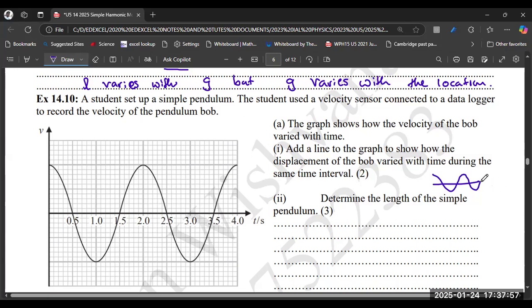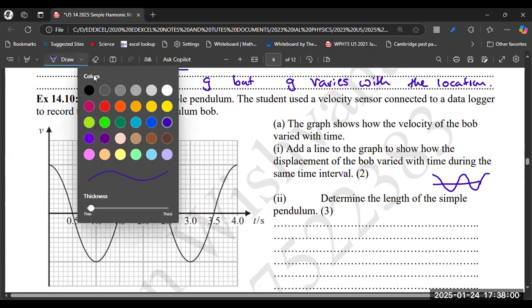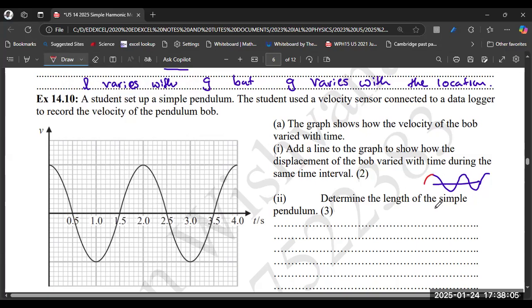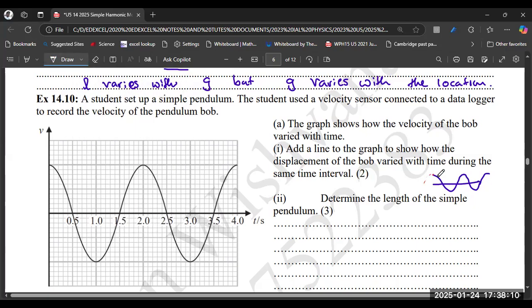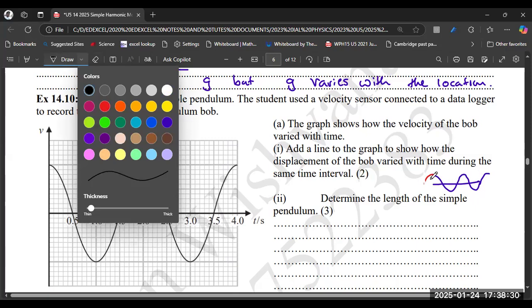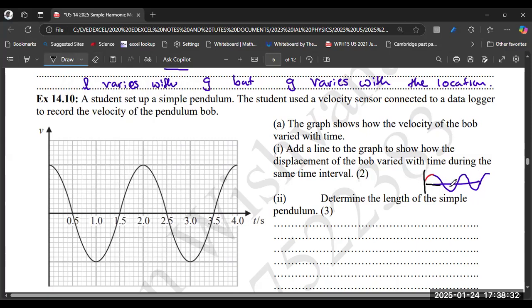If you want to go to the displacement, add a quarter cycle back. If you want to go to the acceleration, move a quarter cycle forward. Then this is the acceleration shape. So now you know what is the shape that you have to draw.